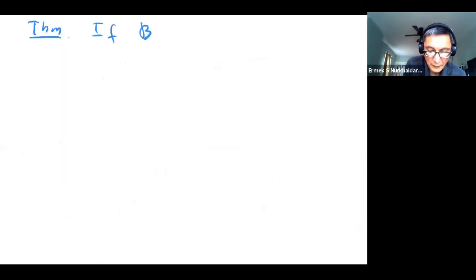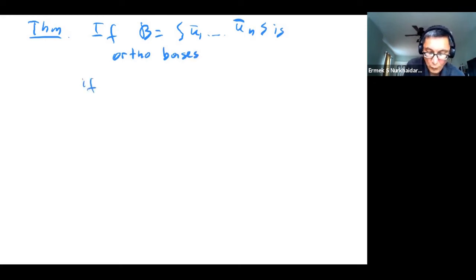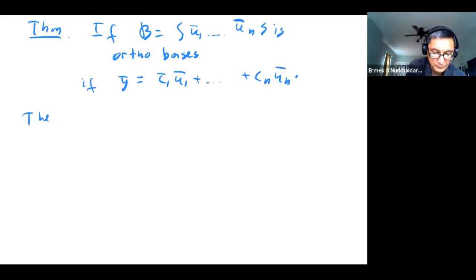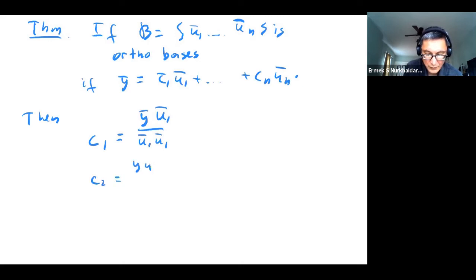If B, which equals u1 through un, is an orthogonal basis, and if y equals c1 u1 plus ... plus cn un, then c1 equals y times u1 divided by u1 times u1, c2 equals y times u2 divided by u2 times u2, and so on.